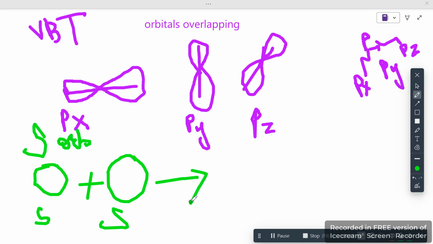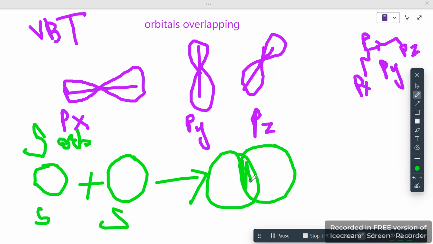They overlap, which means their structure would now be like this, and the second would also be like this. This part shows the overlapping between them. This part is known as overlapping.